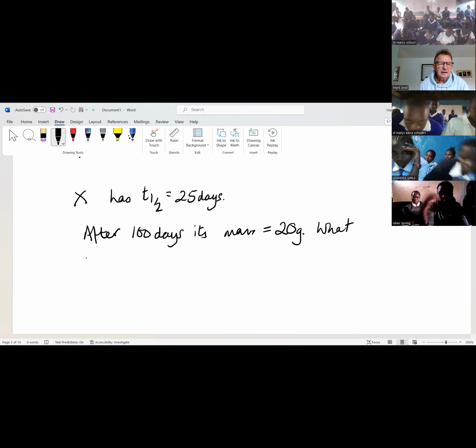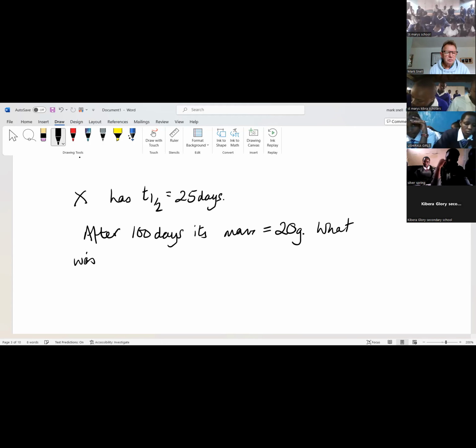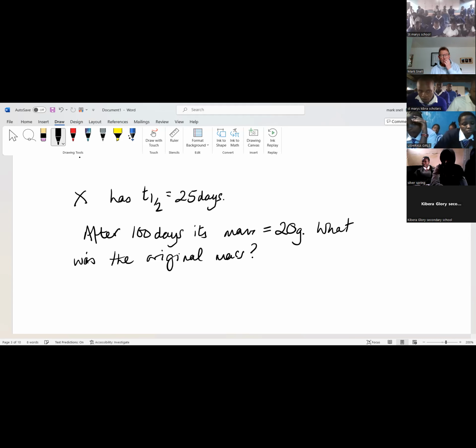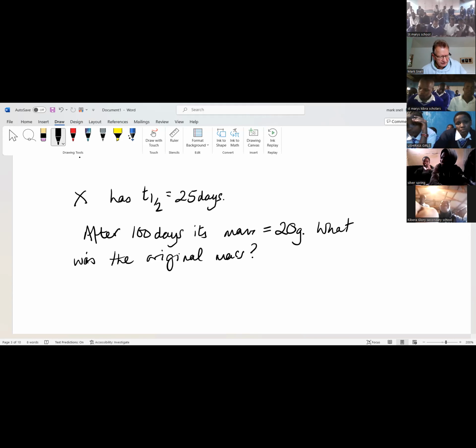What is, or was, the original mass? Okay, so after 100 days, it's 20. So what did it weigh beforehand? If its half-life is 25 days and it decays for 100 days, then what must it have weighed to start with?